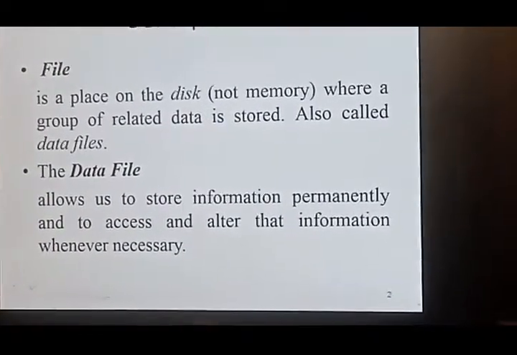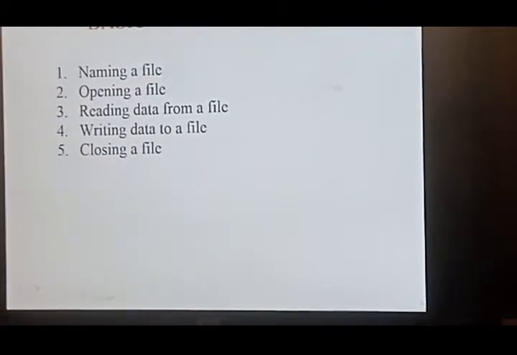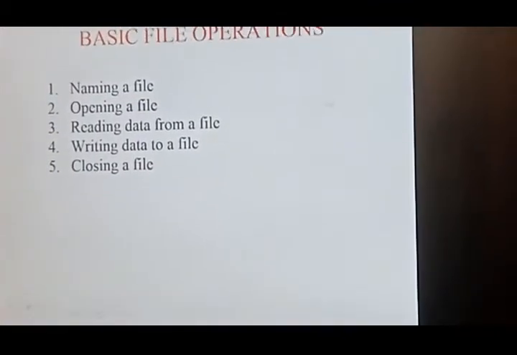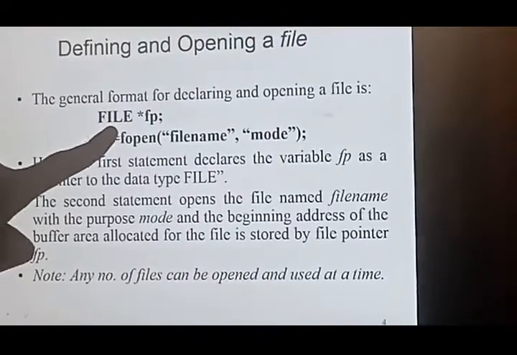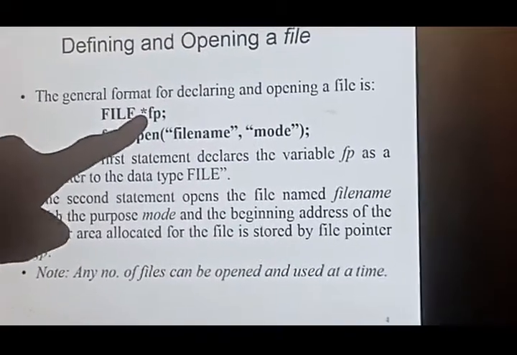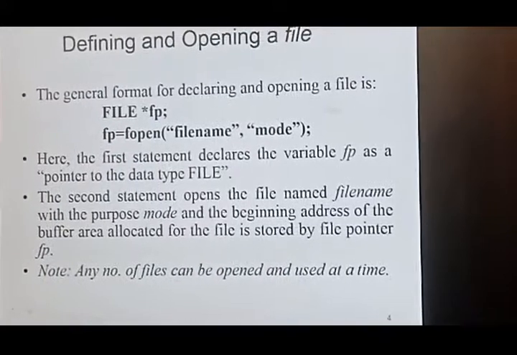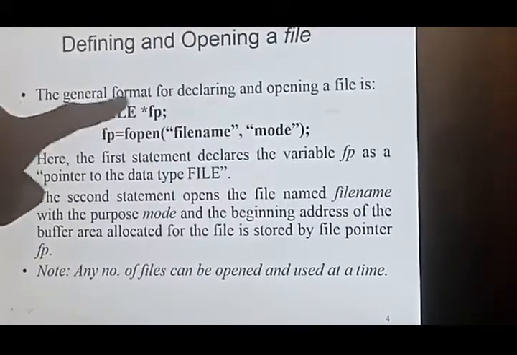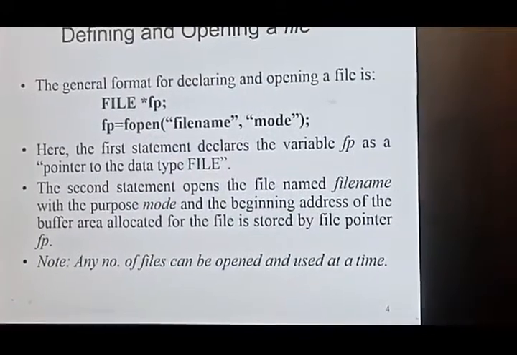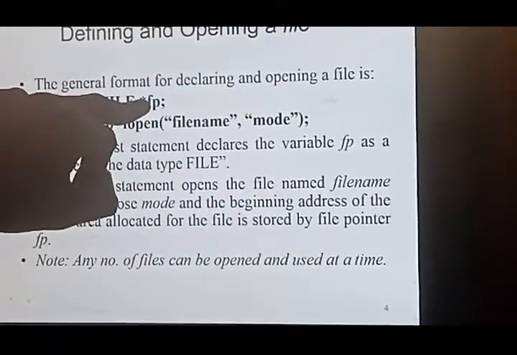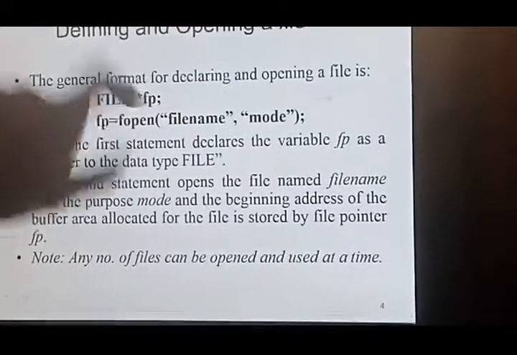Specifically, a file in C can be referred to with the syntax FILE asterisk FP. FILE is a reserved word, it should be in capital letters, followed by the asterisk and followed by the variable name.